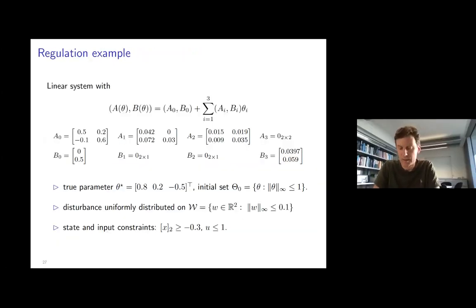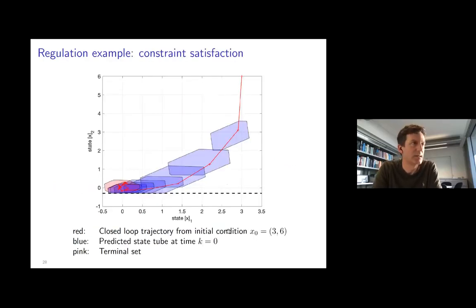Okay, so just to show you how this works in practice, this is a very simple example. A second order system, we have an initial parameter set estimate and a uniformly distributed disturbance on the disturbance set, and some state and input constraints.